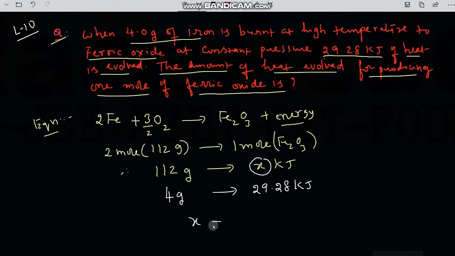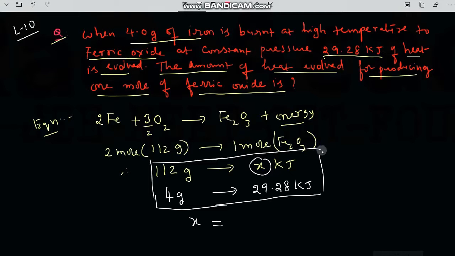So what is x from this stoichiometric analysis? x is equal to 29.28 into 112 by 4. You'll see the simplification.